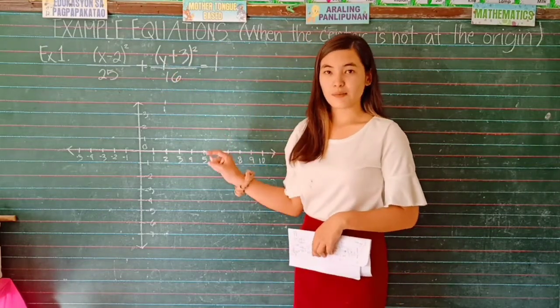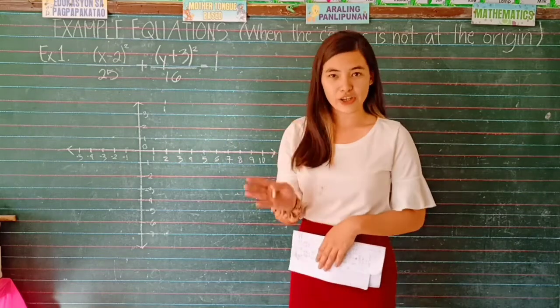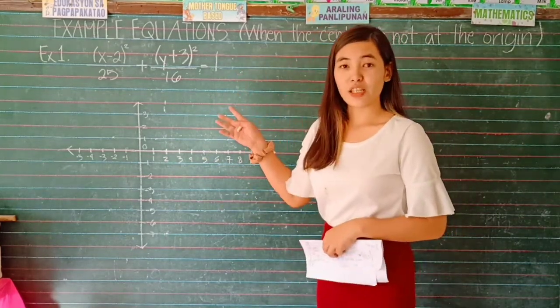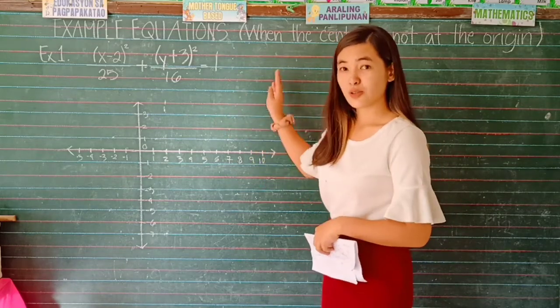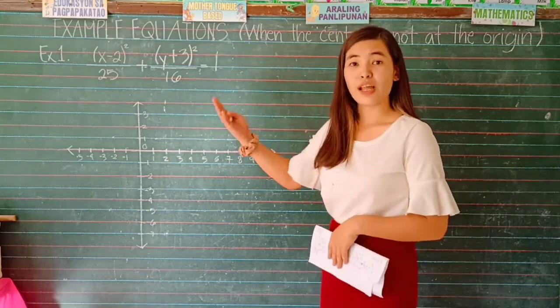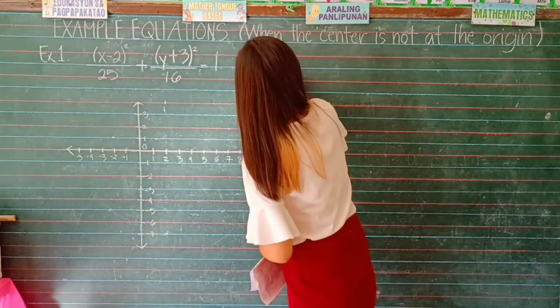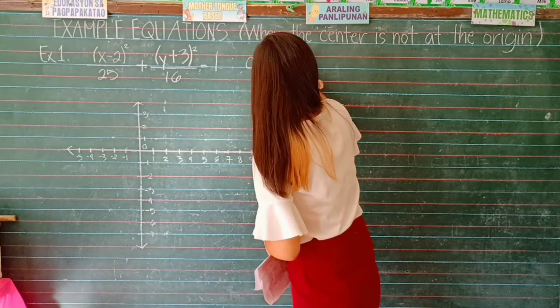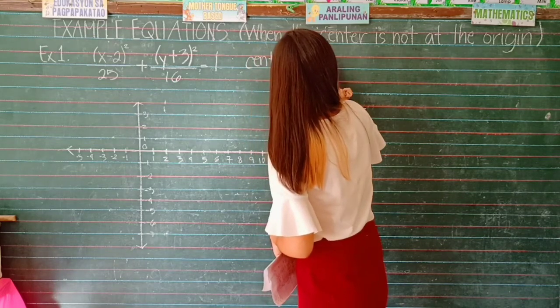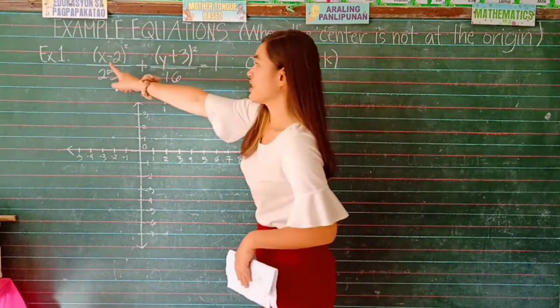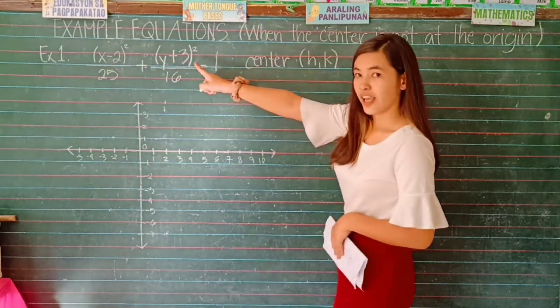Our first step is to find the center. Since our center is not the origin, unlike earlier, we will find the center first. Remember that this is the h and this is the k.